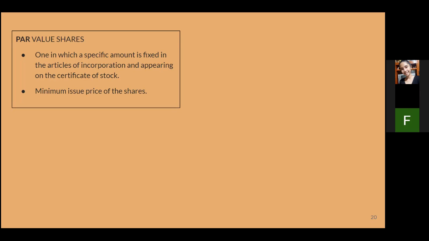Nasabi din doon, nung in-explain din yung articles of incorporation, nabanggit din doon yung kung nailalagay din yung sa par shares, par value shares, and yun. Pag sinabing par value shares, siya yung minimum issue price ng share.